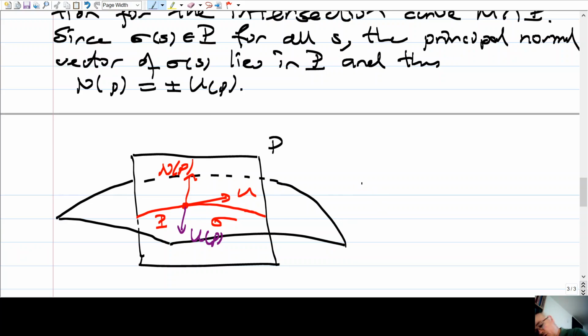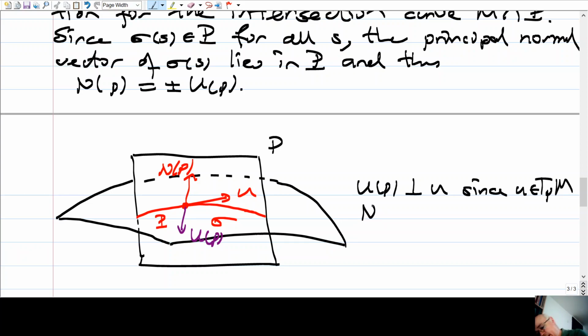So UP is perpendicular to little u, because this is normal to the surface and u is a tangent vector.